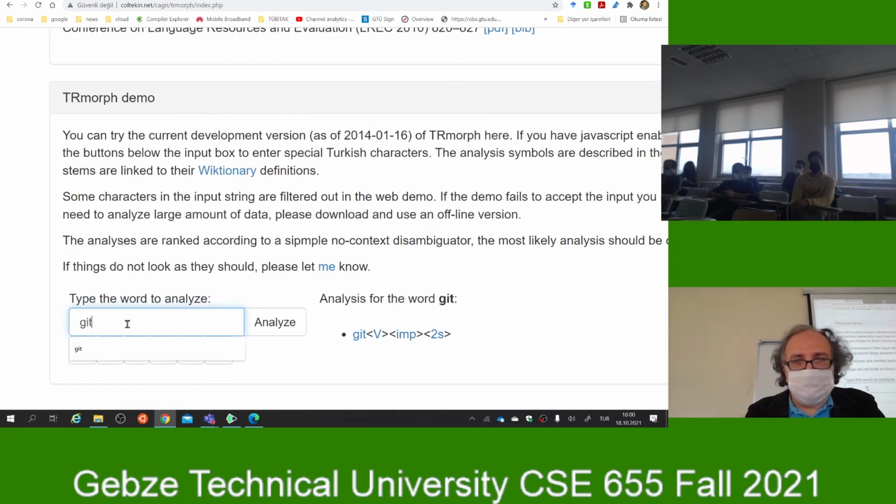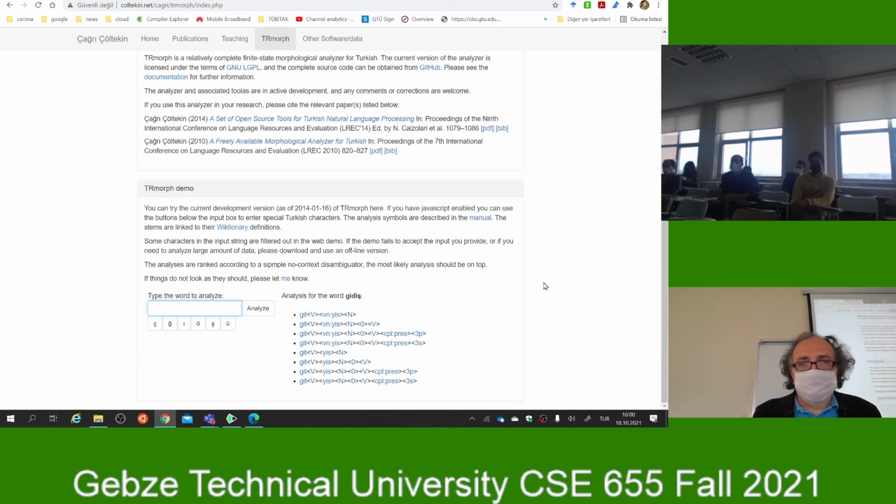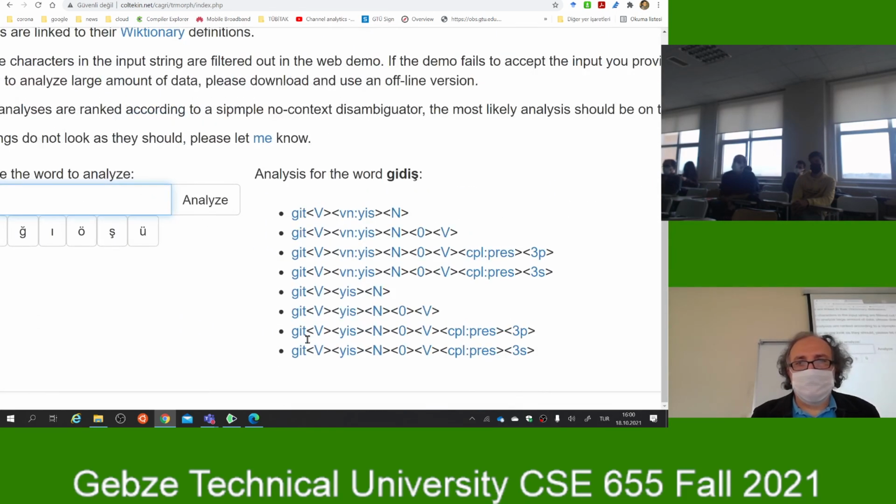But when I say giriş, okay, many different meanings. Git is the verb, and there is another suffix that makes it a noun, and from the noun I can make it a verb again.